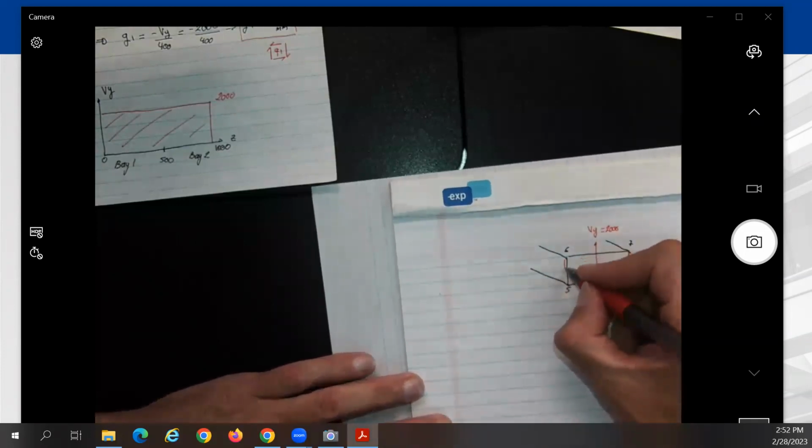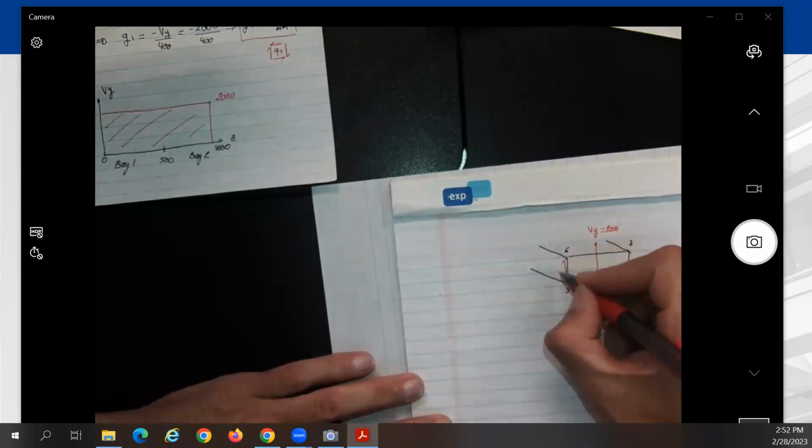Here we know it's going to be same as Q1, but let's call it Q2.